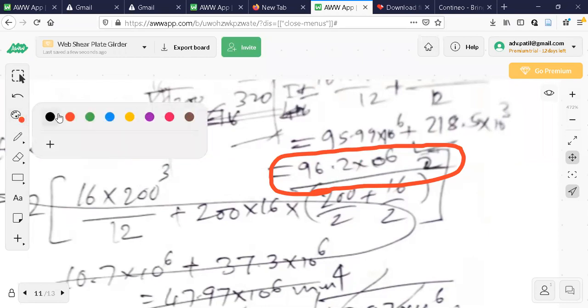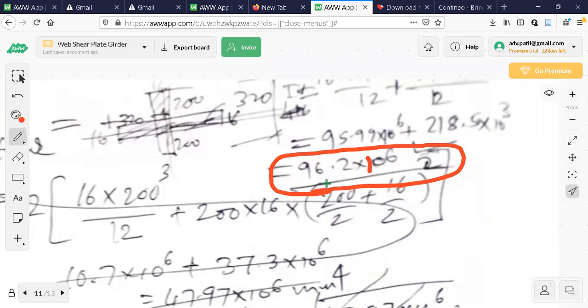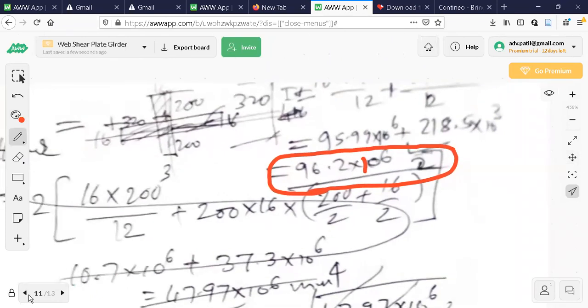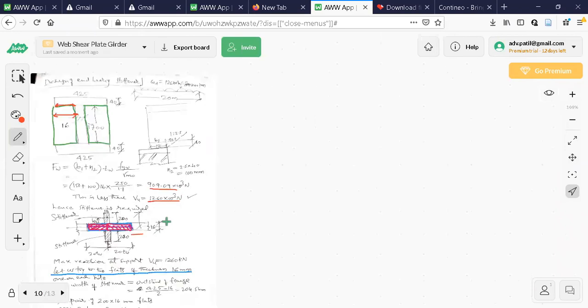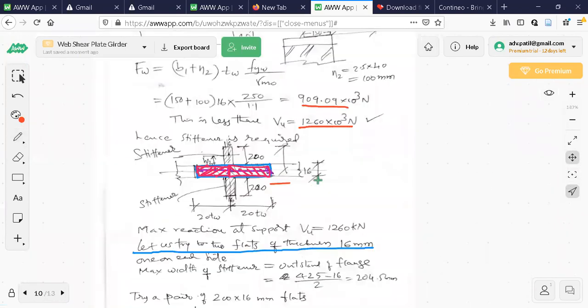So I'll just correct it in the notes later on. This is 10 raised to 6. 96.2 into 10 raised to 6. Now let us see how I got it. Let us check it. I'll go back to the previous diagram. How I got that answer of moment of inertia.